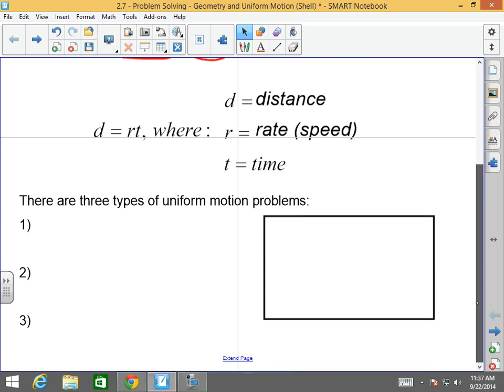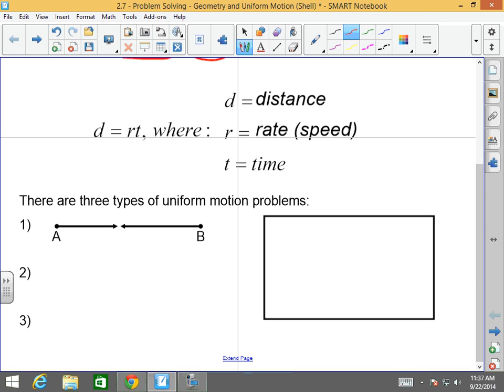Now there are three types of uniform motion problems. The first type is when one event is going one way, and then you have another event going towards that first event, or let's call it trains. You have train A going one way, you have train B going towards it, and they're going to meet here in the middle. That's one type.